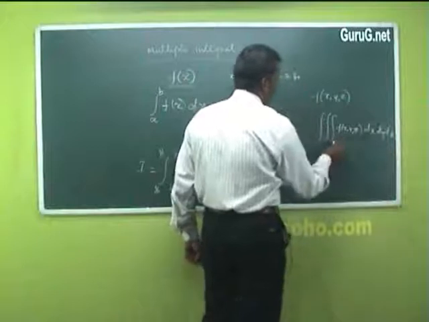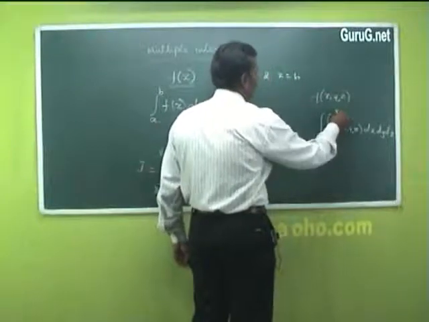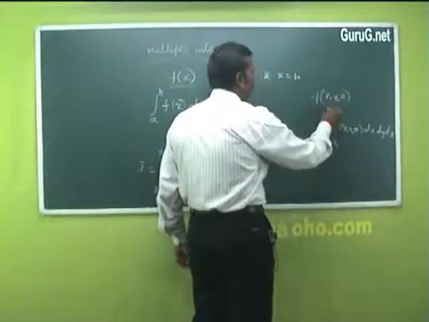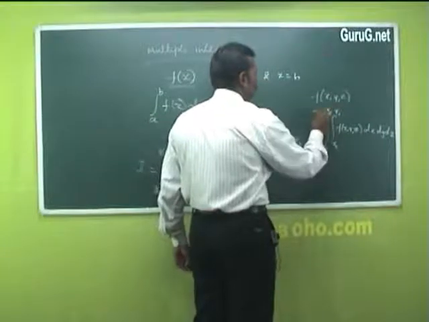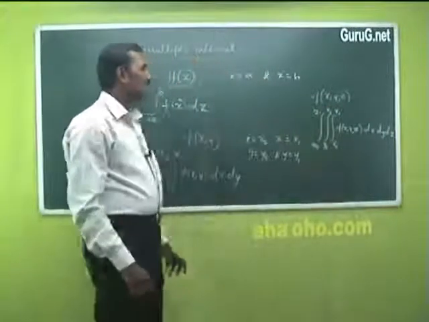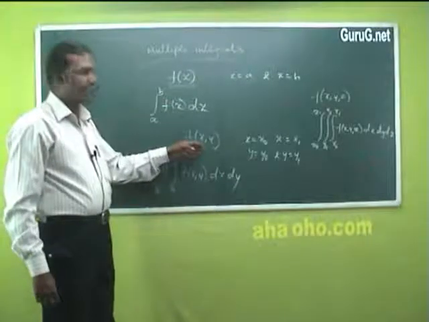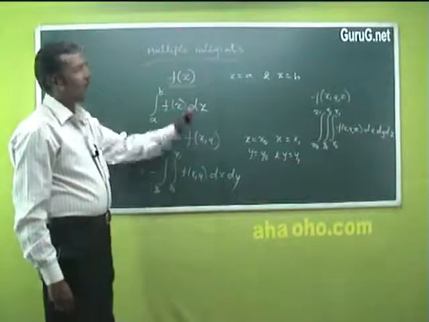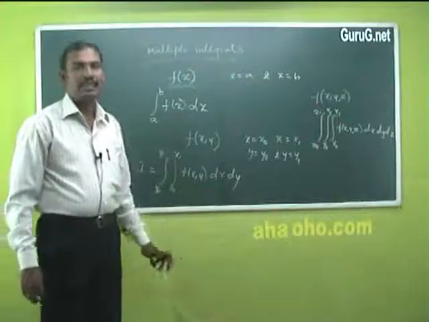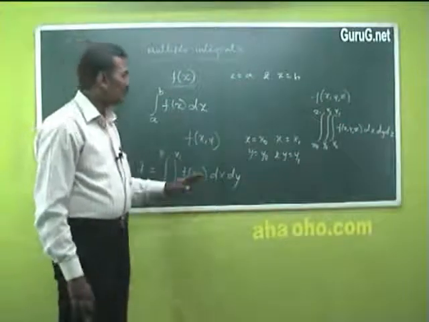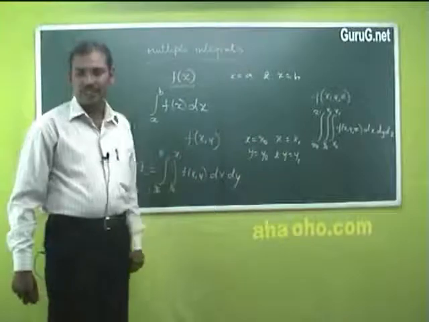This is the x limit, x naught to x1. This is y naught to y1. And this is z naught to z1. So these are multiple integrals. If there is more than one independent variable, we go for the concept of multiple integrals.